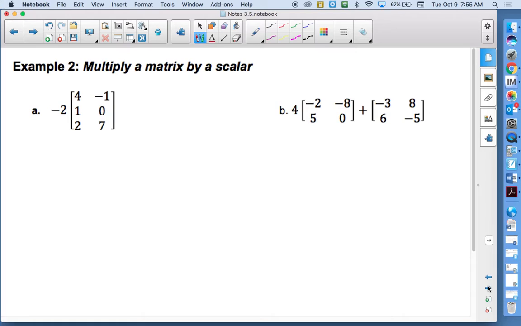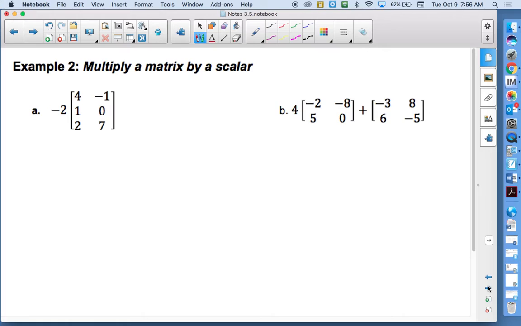So the next one says multiply a matrix by a scalar. A scalar is just a whole number, or in this case an integer, that's outside, that you want to multiply everything inside with that number. So when you did dilations in geometry last year, you would have had a number that you're multiplying each of the vertices by to make your polygon larger or to make it smaller.